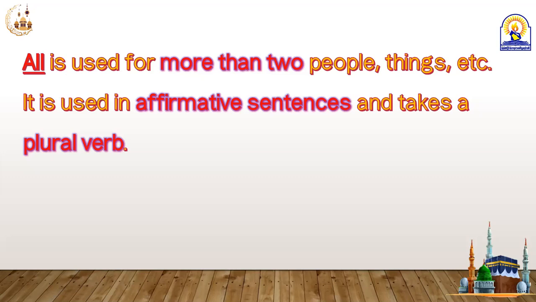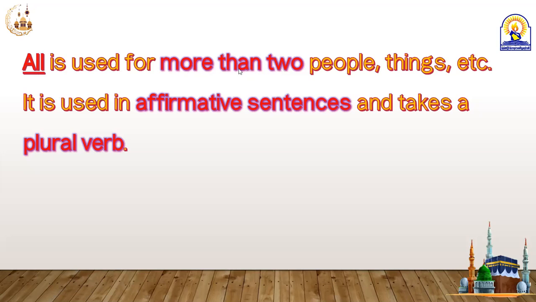I want you guys, when you read this grammar rule, to focus on the words or phrases which are highlighted or have the red color. These are the most important parts of the grammar rule. When can we use all? It's used when we talk about more than two.